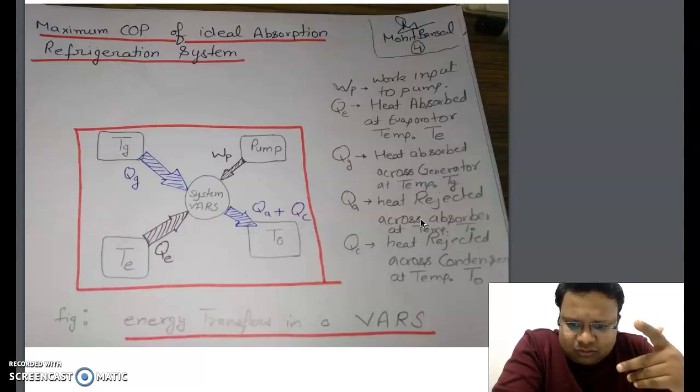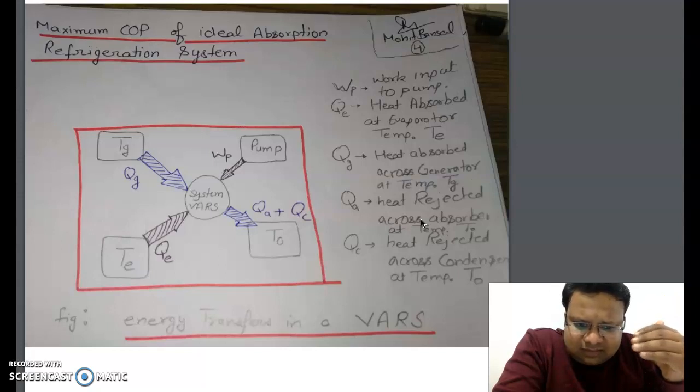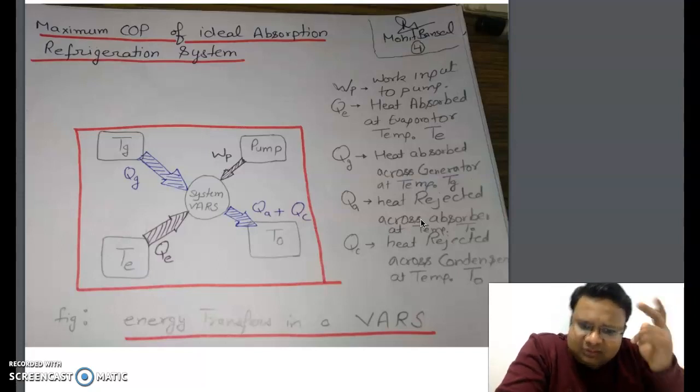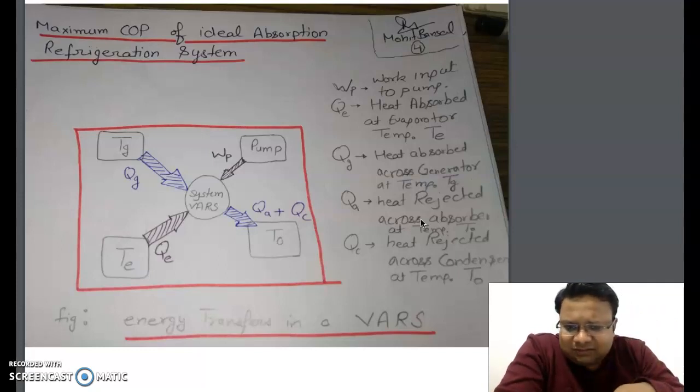Between these two limits, the COP of the Carnot refrigerator was the desired effect which we get in the evaporator, that was TE, upon the work input, which was T higher minus T lower, so Tc minus Te. This was the COP of the vapor compression refrigeration system.